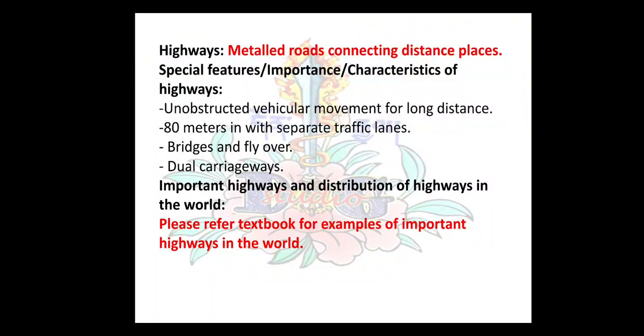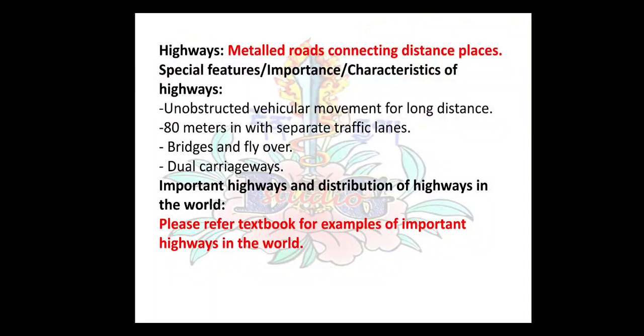As compared to village roads and border roads, the following are some of the special features or characteristics of highways: unobstructed vehicular movement for long distance, 80-meter wide with separate traffic lanes.